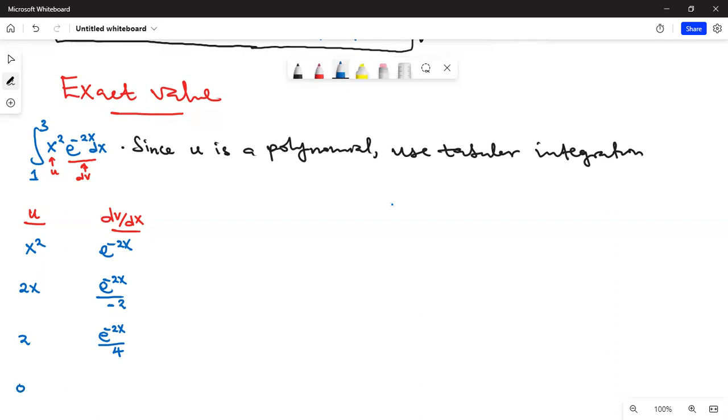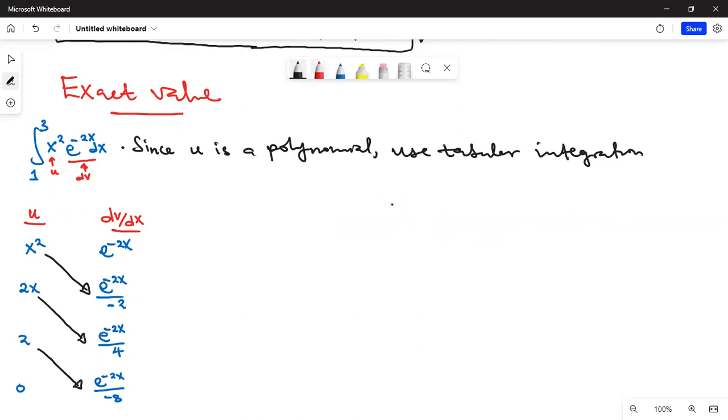If I integrate exponential negative 2x over 4, that will give us exponential negative 2x over negative 8. Now, once you have found those, you link them. This will be linked to this. This one, link it to this other function. And finally, this you link to this other function.